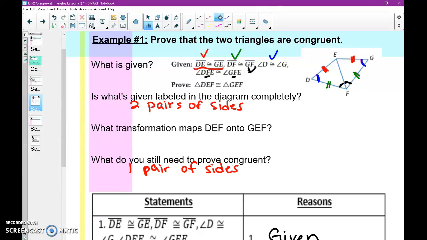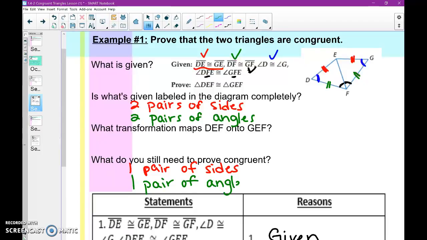You're going to have to prove 1 pair of sides. If you look at the picture as well, they also have 2 sets of angles already done for you. These ones in blue and then these ones in black. So 2 pairs of angles are done, which means you only have to figure out 1 pair of angles.